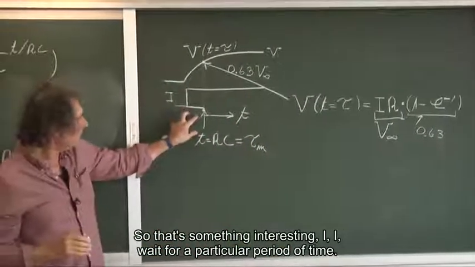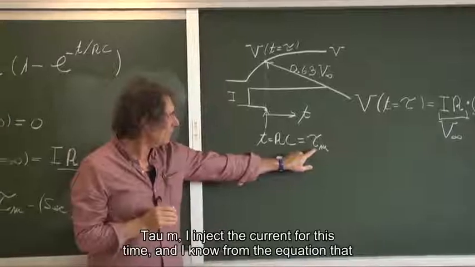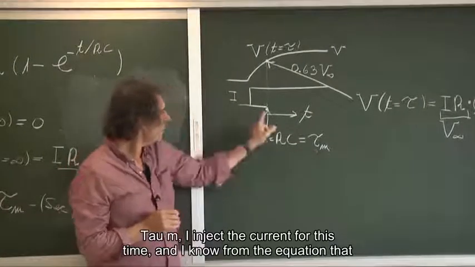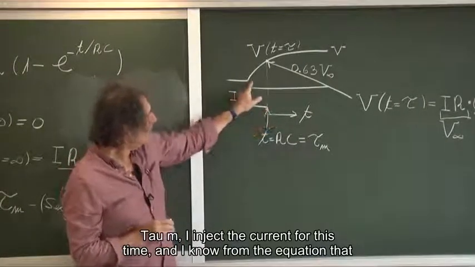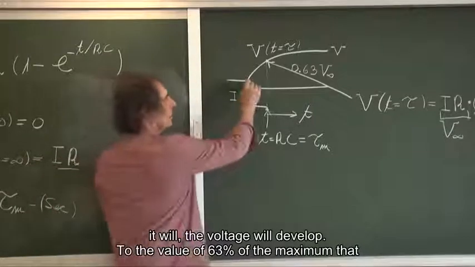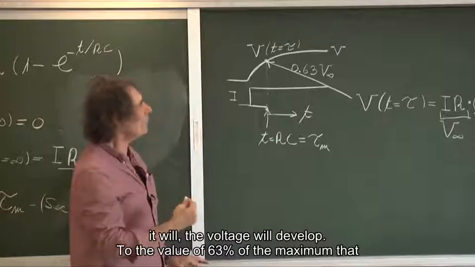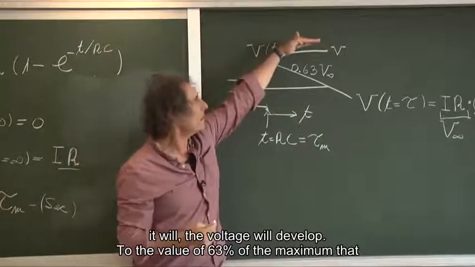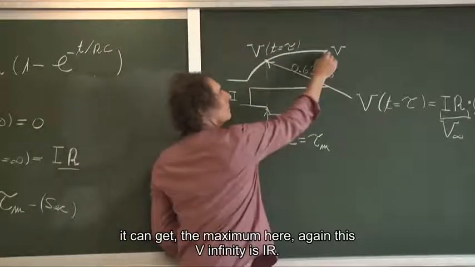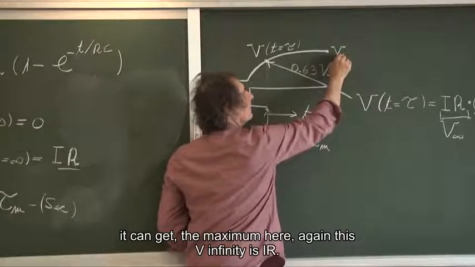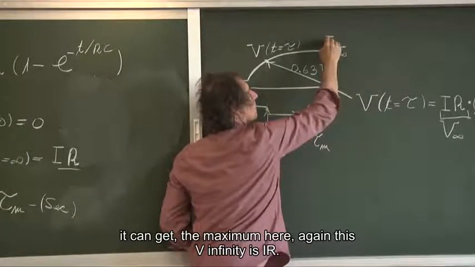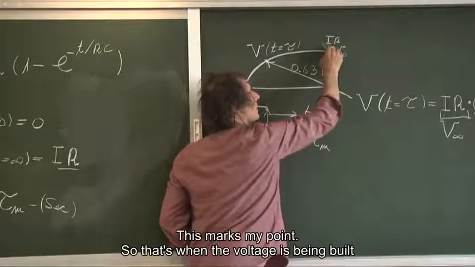I wait for a particular period of time, tau m. I inject the current for this time, and I know from the equation that the voltage will develop to the value of 63% of the maximal that it can get. The maximal here, again, this V infinity is IR, this maximal point.